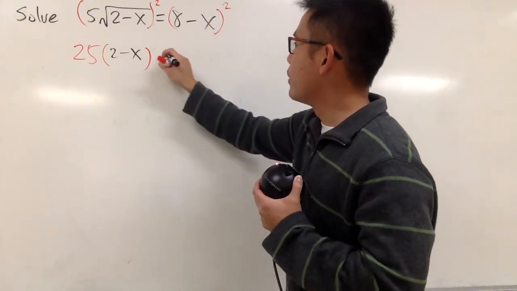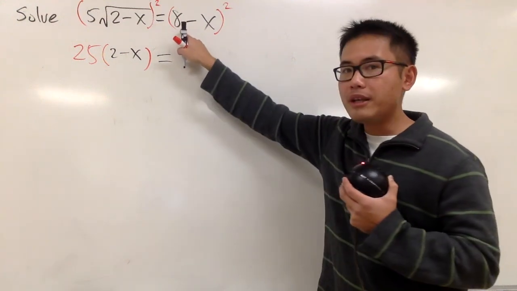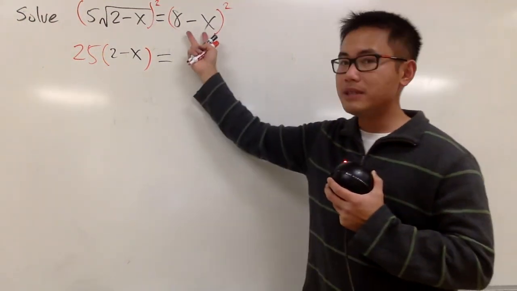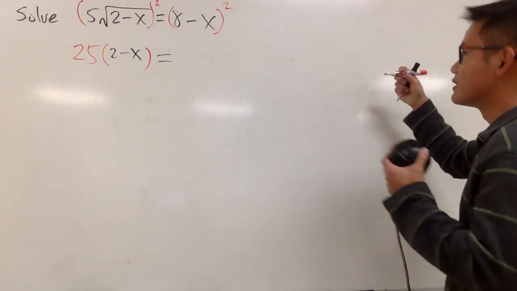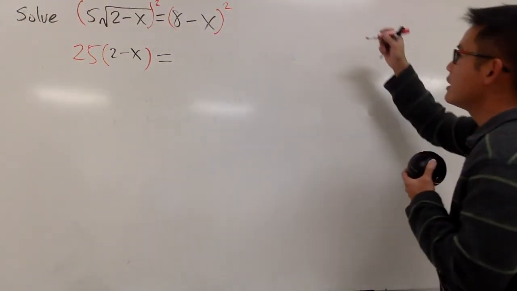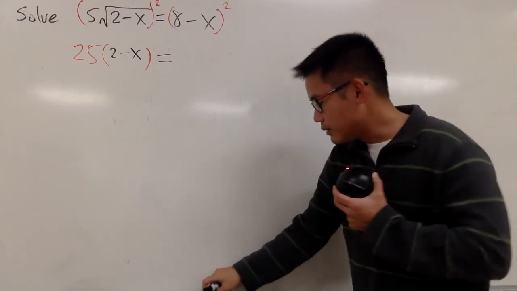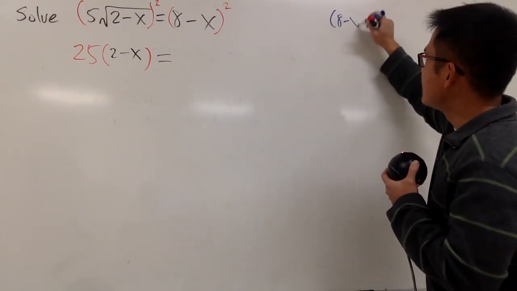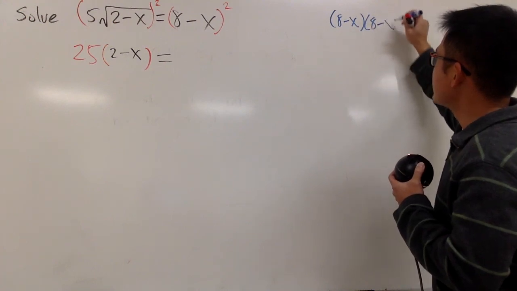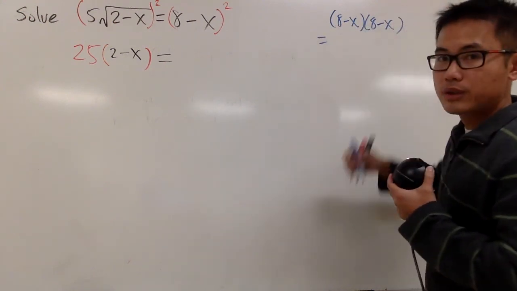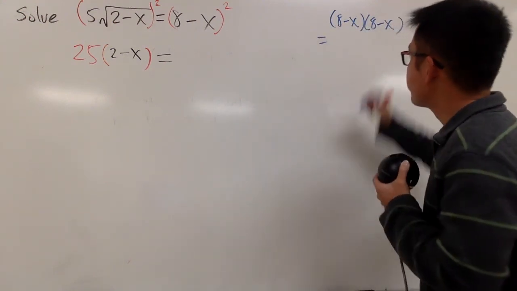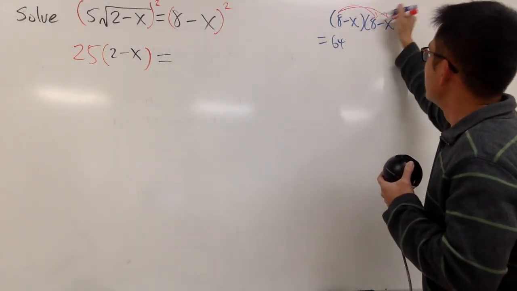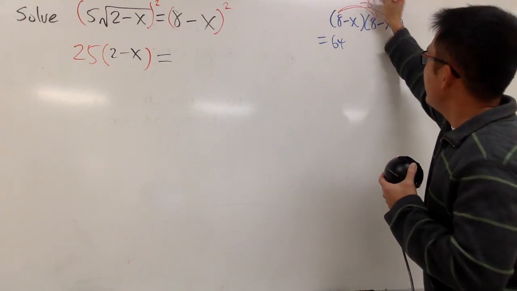And then on the right-hand side though, notice that right here, this is 8 minus x, and then squared. So it has 2 terms inside. We are going to just go to the side and work this out real quick, okay? So if we work this out, we'll see what we get. Let me just write it down. 8 minus x times 8 minus x, like this. So, you see, 8 times 8 is 64. 8 times negative x is negative 8x.